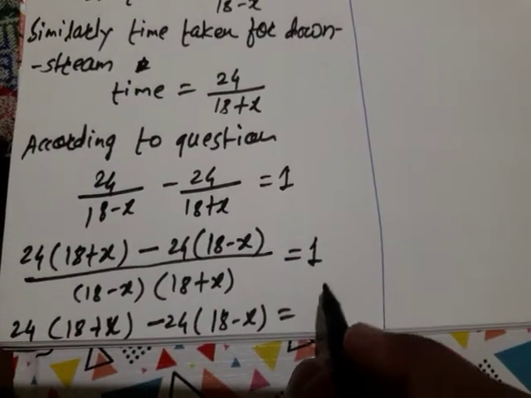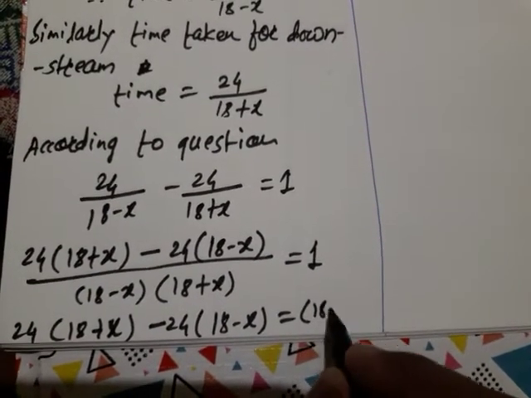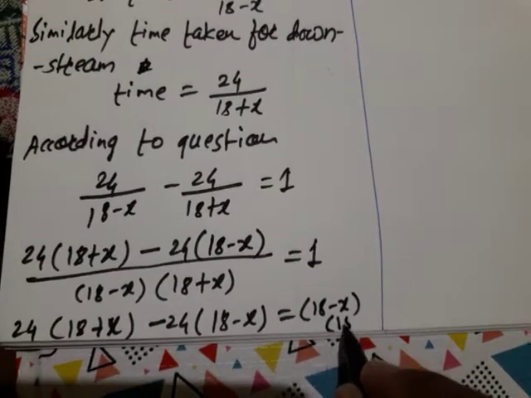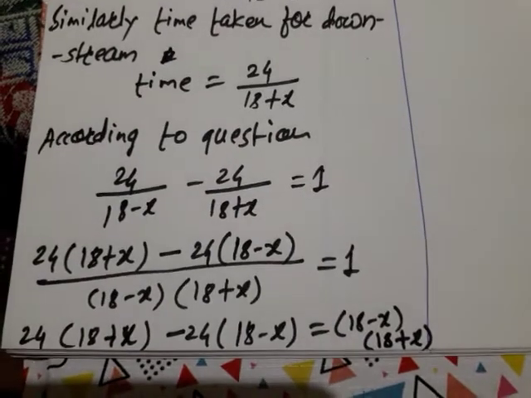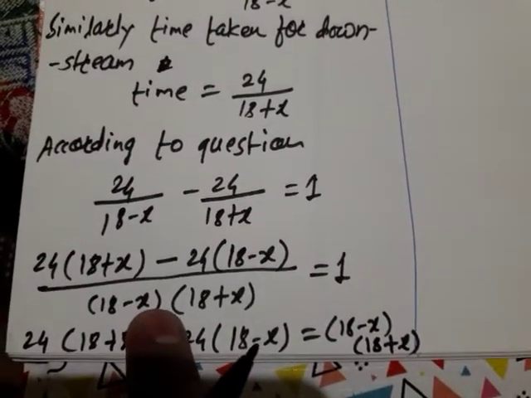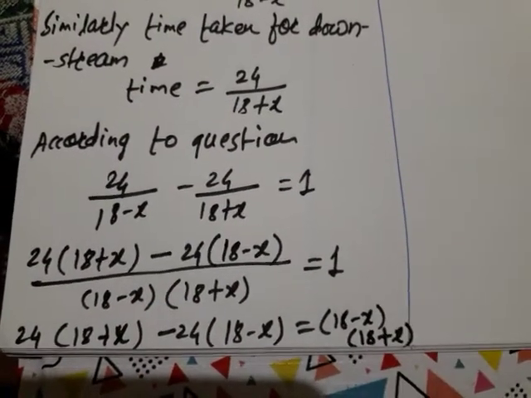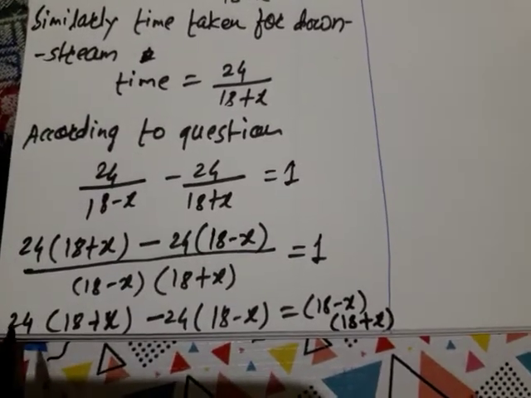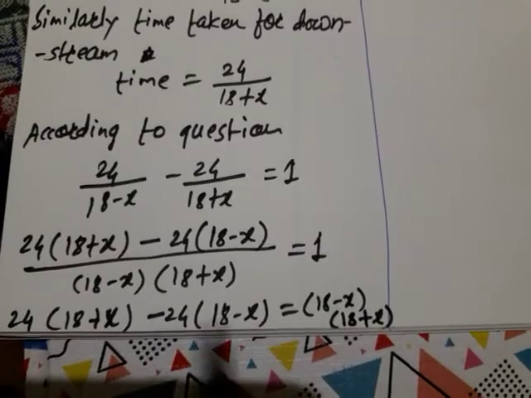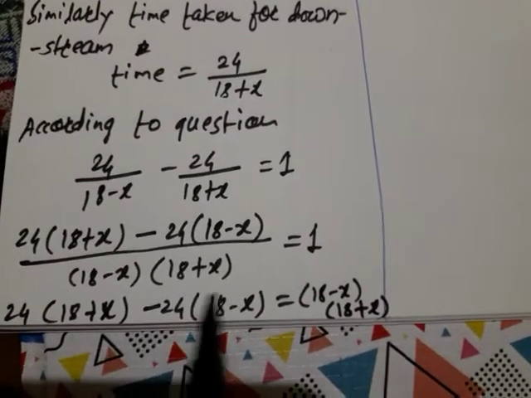what will happen? 18 minus x into 18 plus x. What I did, I have multiplied this denominator to this side. Okay, then what will I get? Look here. Now I will multiply this 24 to this bracket, and this minus 24 to this bracket. What will I get?